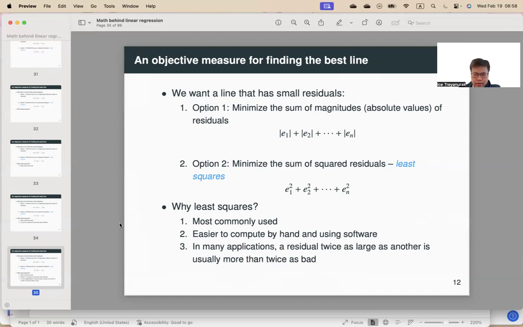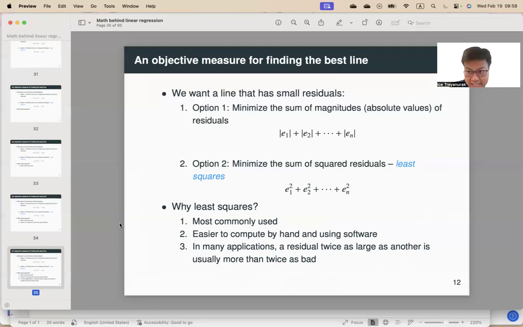It also emphasizes extremes. We don't want big residuals. So the squares of the residuals will give a lot of weight to those, and then we can try to minimize those.